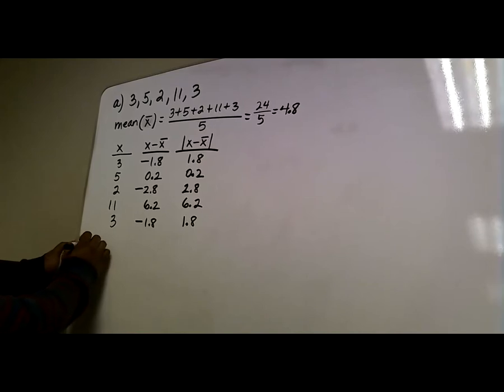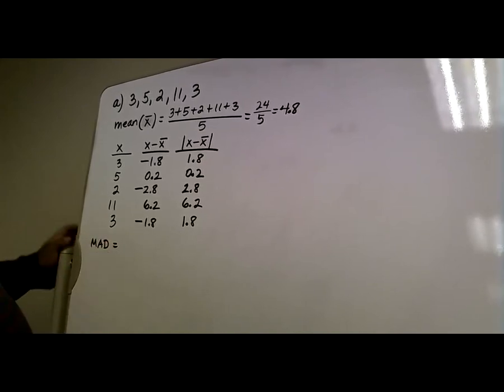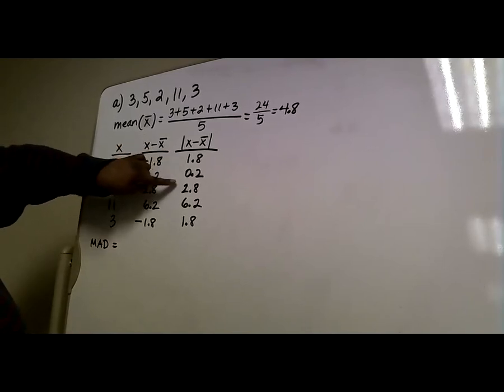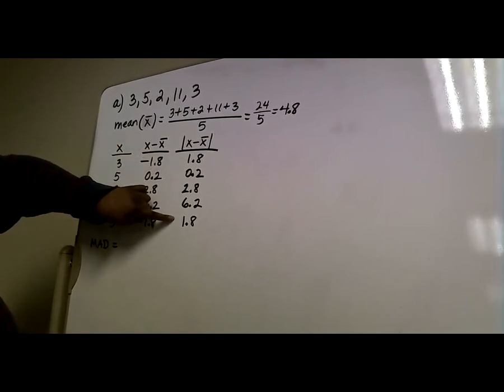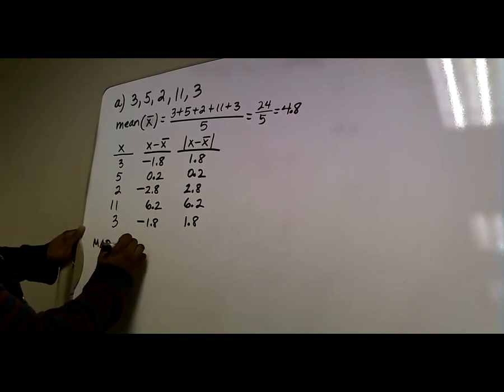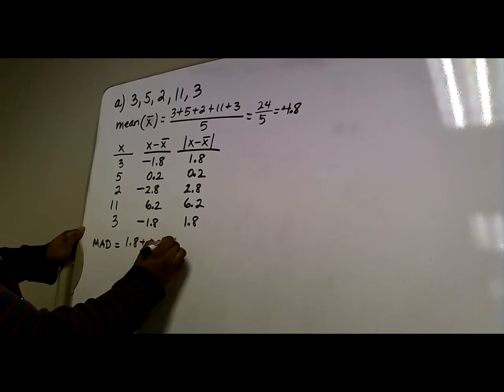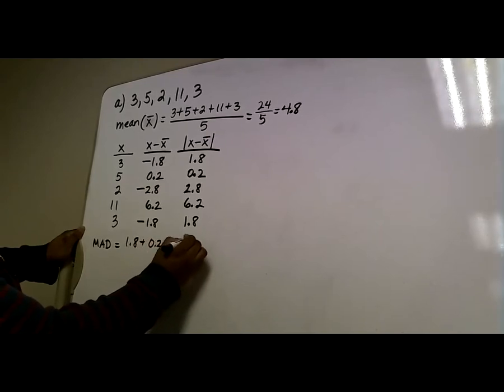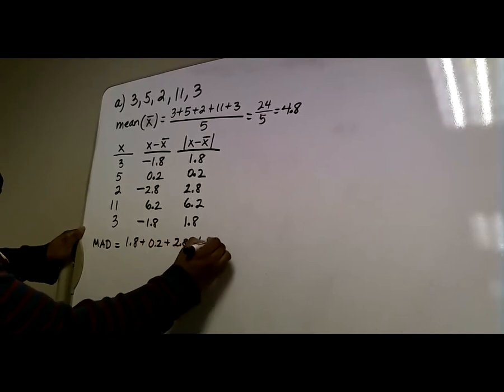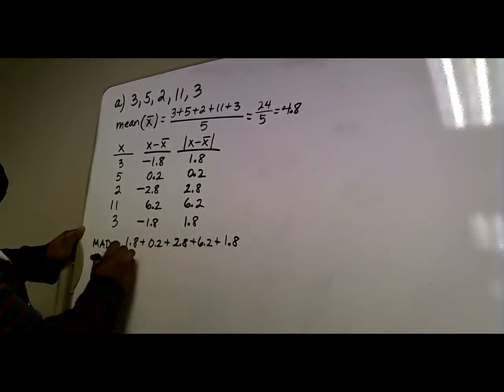Now for the mean absolute deviation, we take the sum of these numbers: 1.8 plus 0.2 plus 2.8 plus 6.2 plus 1.8.